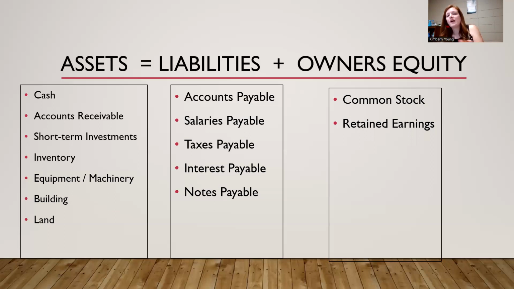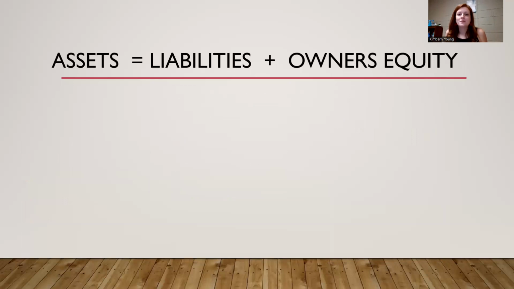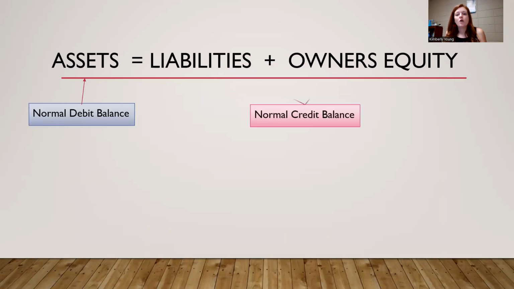So this is the accounting equation. Now let's talk about how this is affected with debits and credits. So a normal debit balance would be the asset side. All assets have a normal debit balance. Whereas the liabilities and owner equity accounts, they are all having a normal credit balance.